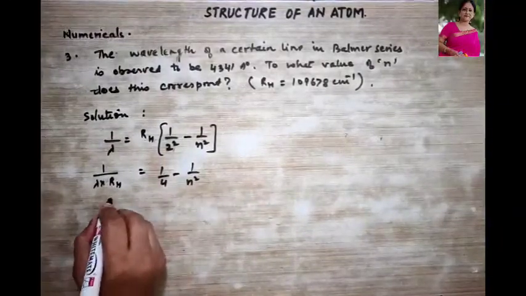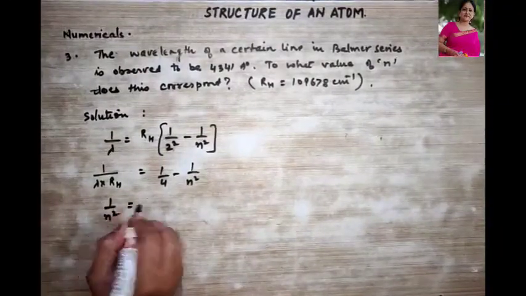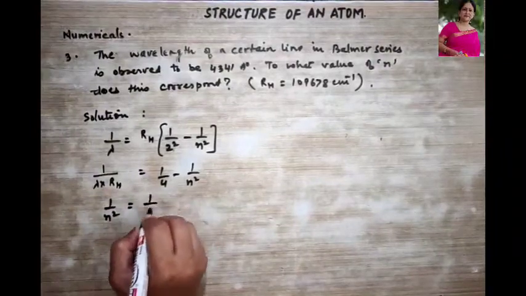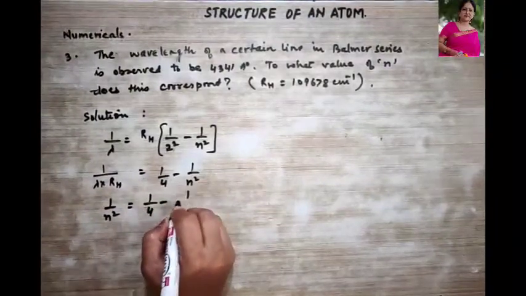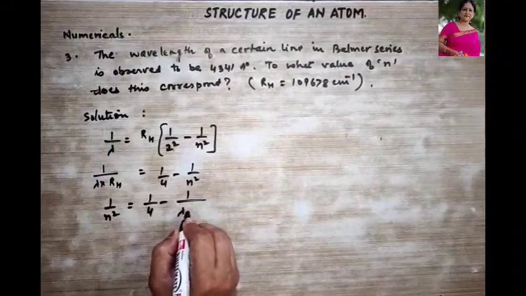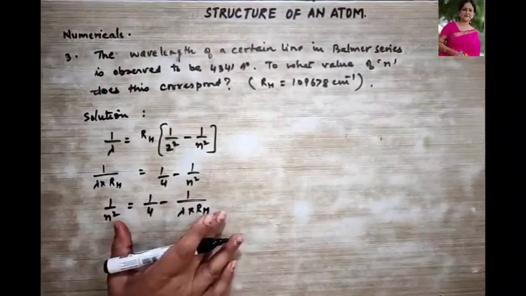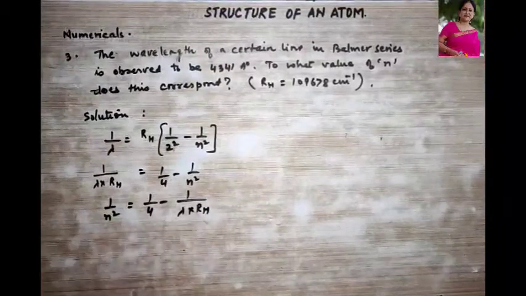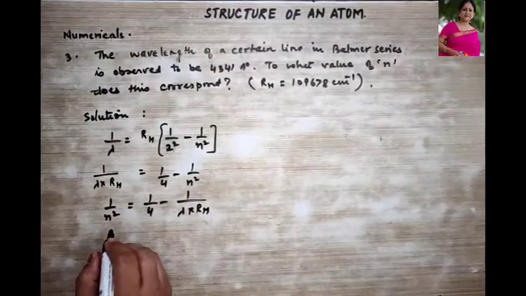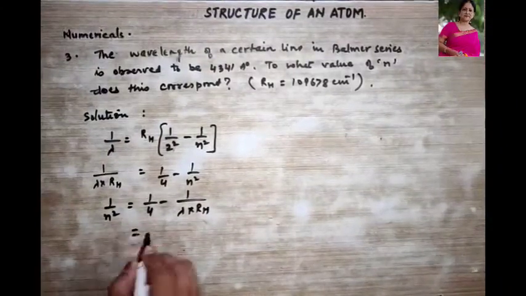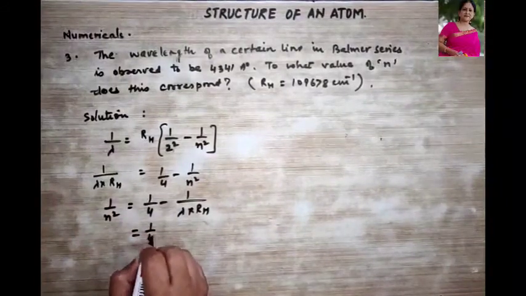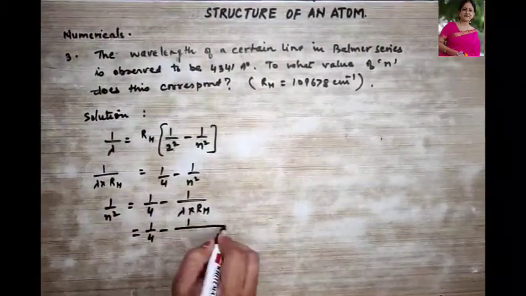So I make this 1 upon n square will be equal to what? 1 upon 4 minus 1 upon lambda into RH. This is the formula that I've got. Now just have to place the values over here. So this is equal to 1 upon 4 minus 1 upon.